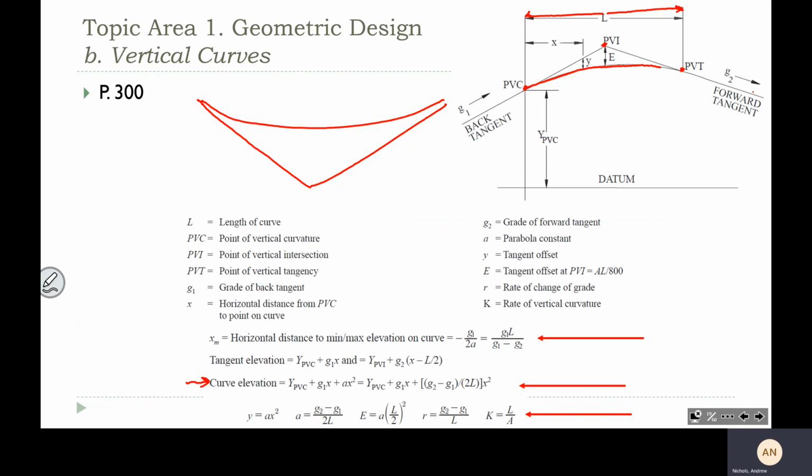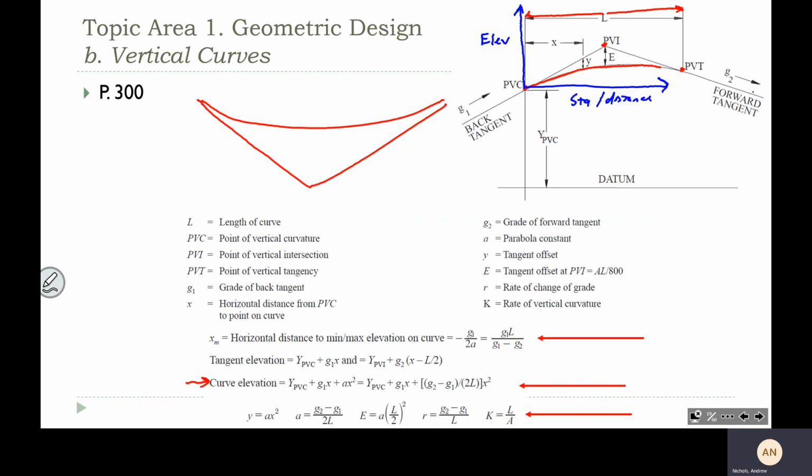The way I like to visualize one of these curves is with a set of XY axes, where Y is going to be the elevation because you're standing on the side of the road looking at the road from the side. Anything in the Y direction is going to be the elevation, and your X direction is just going to be a station. We talked about stationing yesterday. It's an X value that corresponds to the station, or just a distance along the center line.